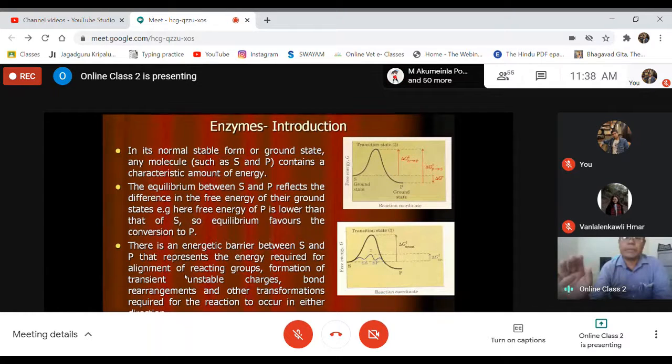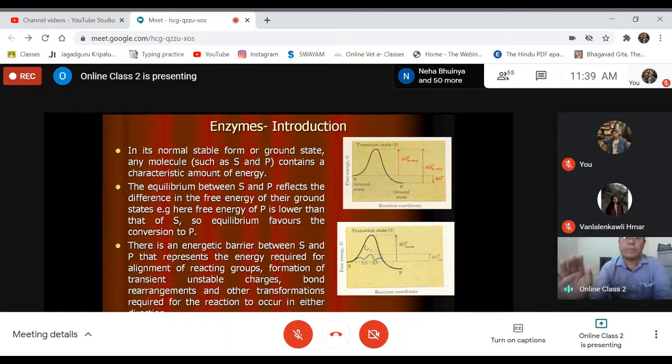So all these things, the aligning of the reacting groups, the bond rearrangements, and other transformations which are required for conversion of the S to the P, happen in this energy barrier. So that is the energy barrier. So this S substrate has to attain the transition state, only then will it be converted to the P. So the role of the enzyme here is that it decreases.